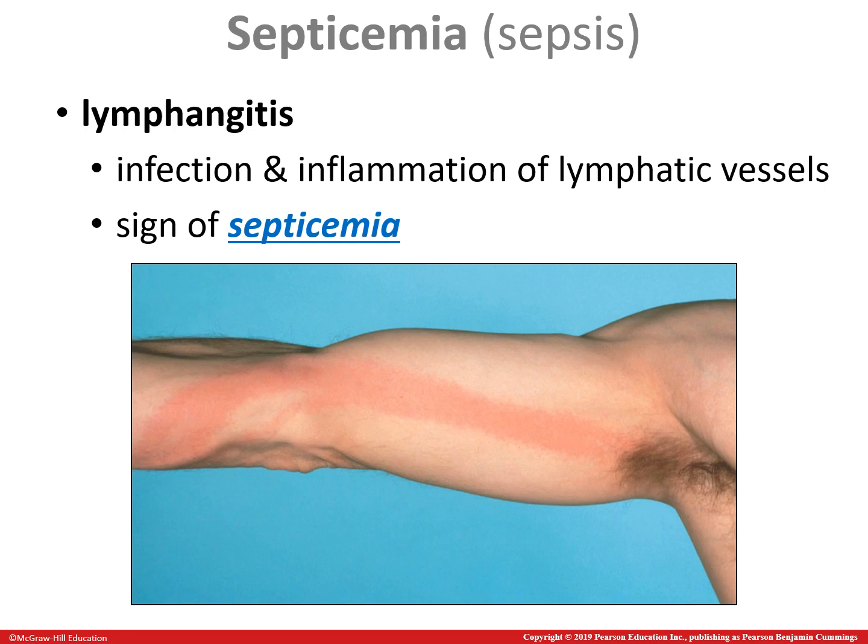So very oftentimes those red streaks associated with inflamed lymphatic vessels are a good sign of septicemia, because the bacteria have found their way into the systemic system and will get caught up and inflame those lymphatic vessels. A lot of people think that's actually a blood vessel that's inflamed, but it's really a lymphatic vessel that travels very superficially and typically parallels the venous system.